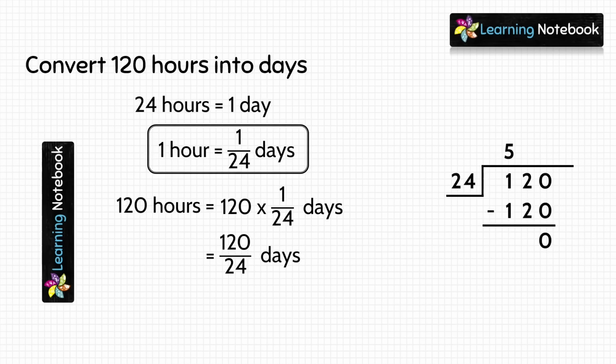And 120 minus 120 equals 0. So it means our answer is 5 days. 120 hours equals 5 days. So students, this is how we can convert hours into days.